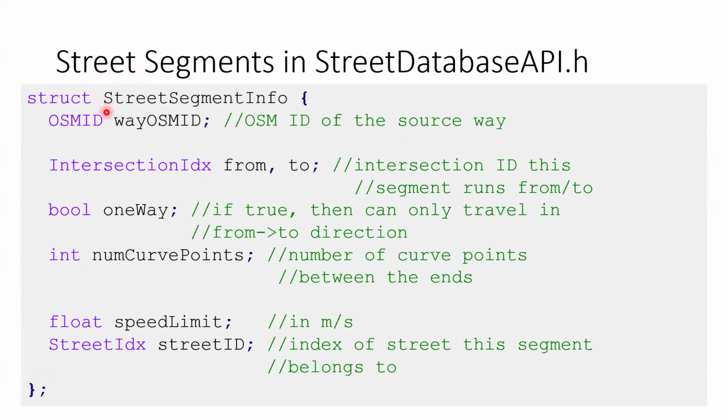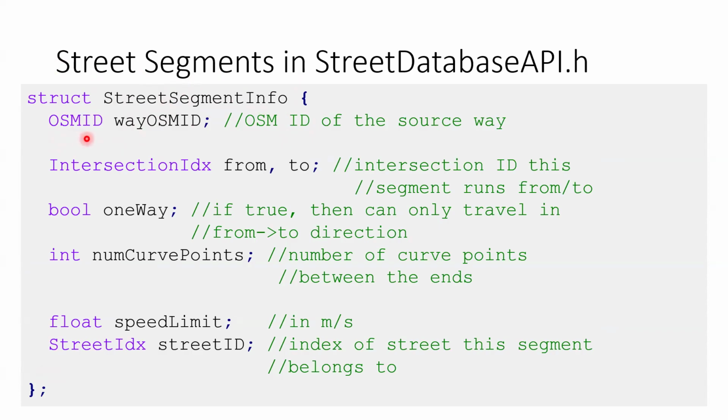For example, if we want to get the information for a single street segment, it's stored in this struct type, street segment info. So for each street segment, it has an OSM ID defined.